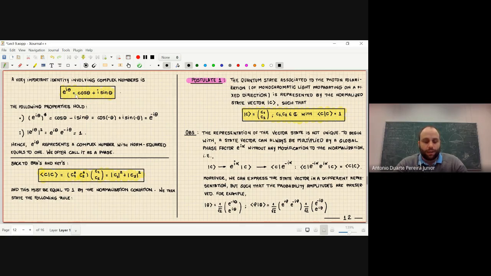And in order to prove that this is true, you have to work a bit with the expansion of the exponential. But this is extremely non-trivial, okay? But this is a beautiful identity that you're going to use a lot.